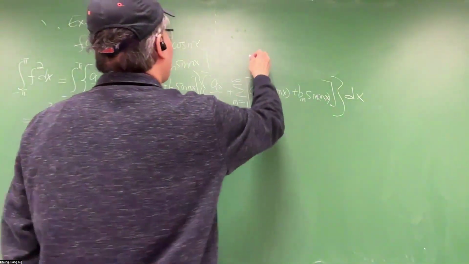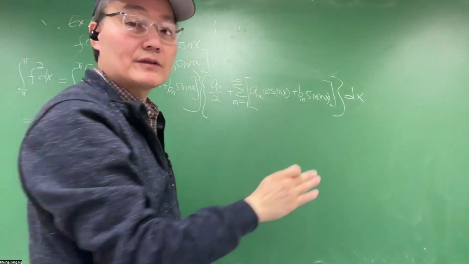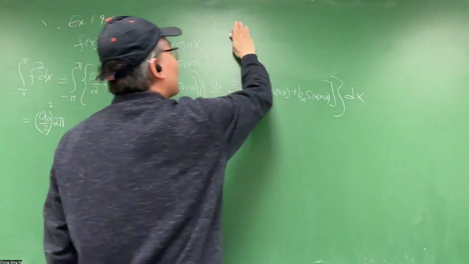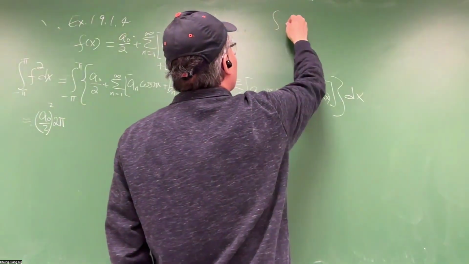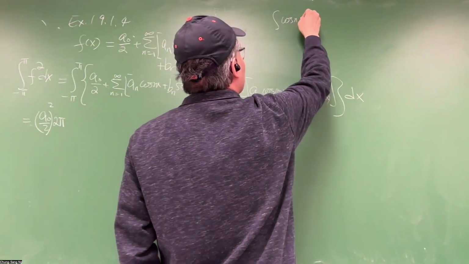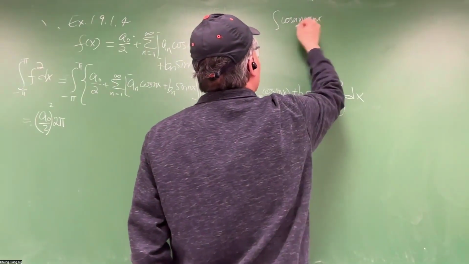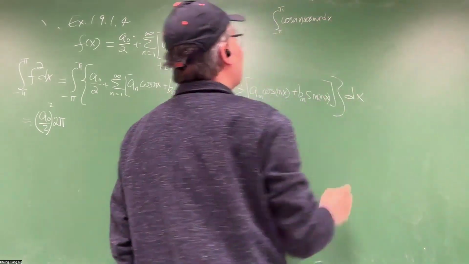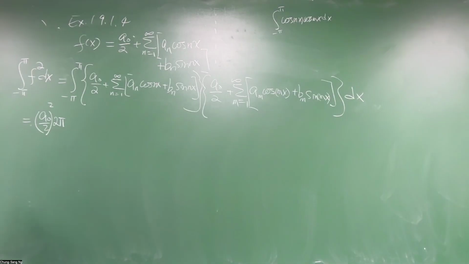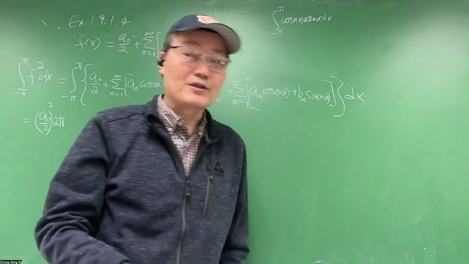Say you consider cosine nx, cosine mx, and they will be zero if n is not equal to m, and you can show that by using those formulas.